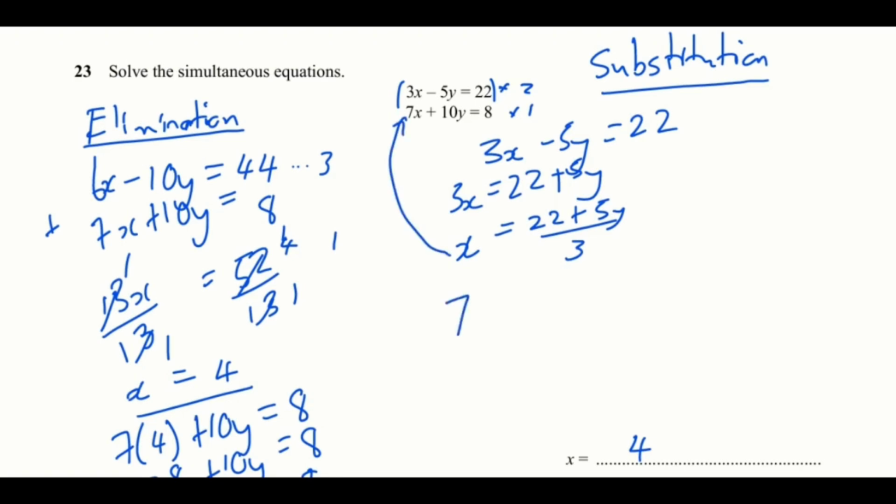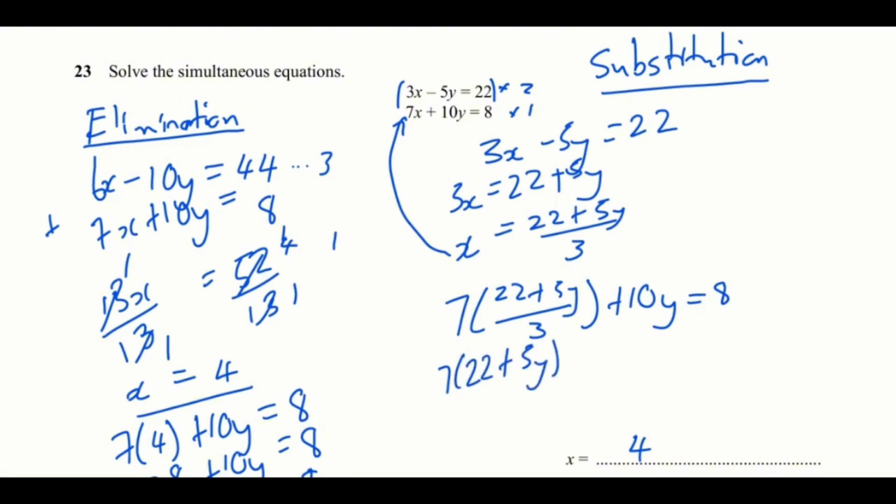So 7 bracket (22 plus 5y) over 3 plus 10y equals 8. Now I have an equation in which all the variables are y. Then I multiply each of the individual terms by 3 so that I eliminate the fraction. So here it will be 7 bracket 22 plus 5y plus 10 times 3, that will be 30y, equals 8 times 3, 24.